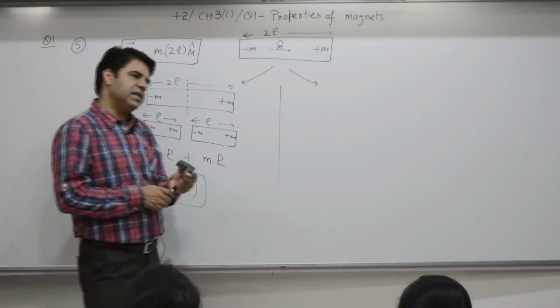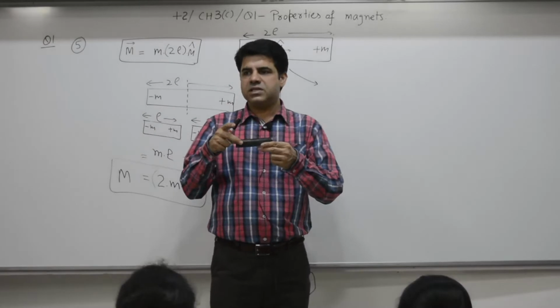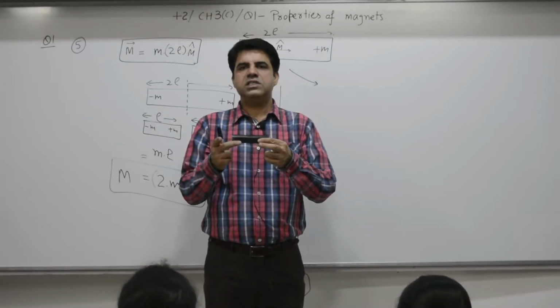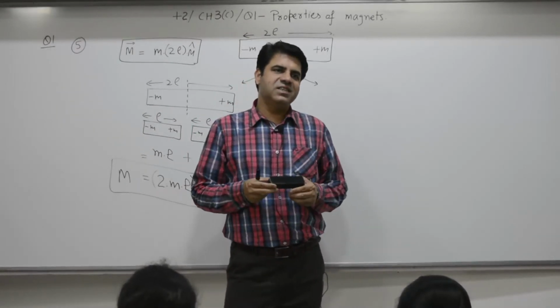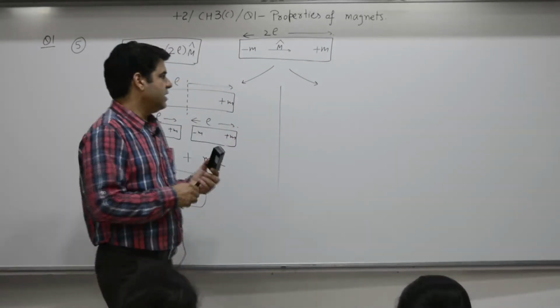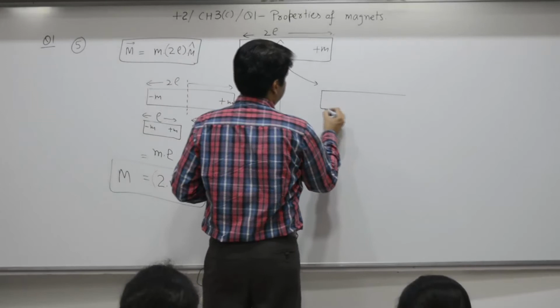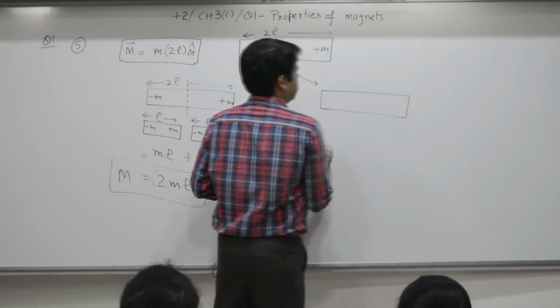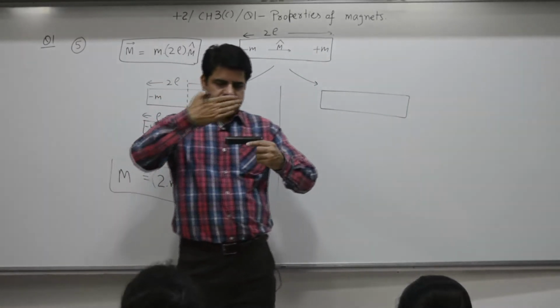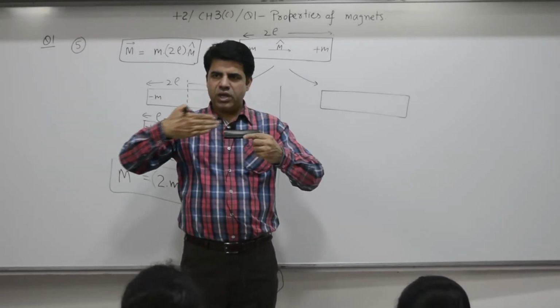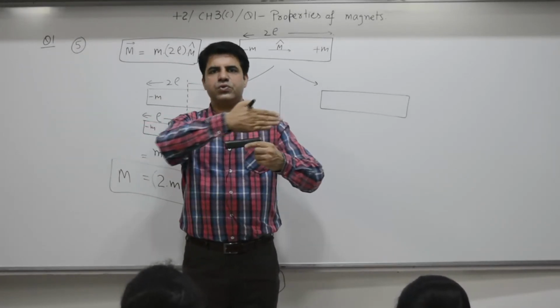It is just like you have a 100-gram object, you cut it in two pieces, each is 50, so total mass remains the same. Another possibility: you have a magnet, and the cutting plane is parallel to the length, you can cut it like this also.